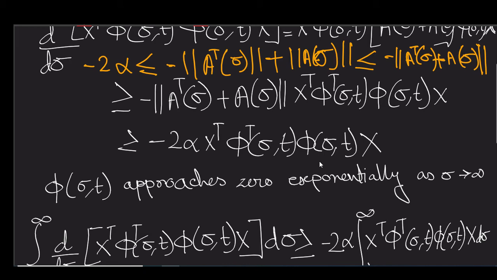Our system solution Qt satisfies the requirement of being considered a solution from a uniformly exponentially stable system. Based on that we get it approaches 0.